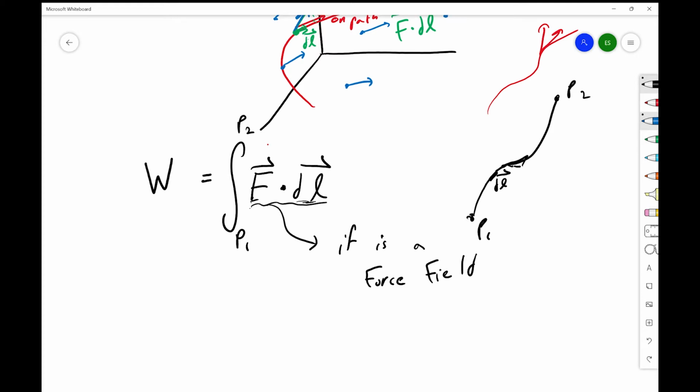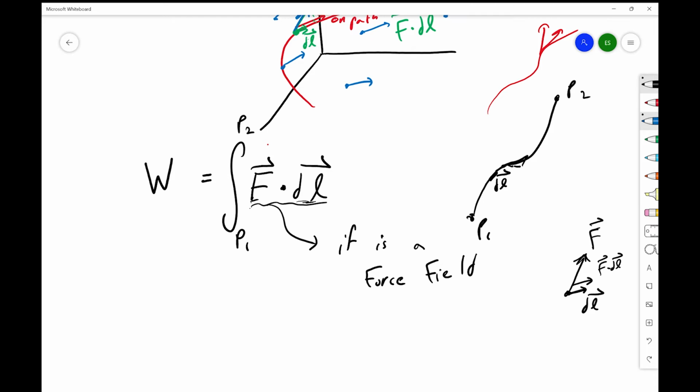Whenever you have force and then you have a displacement in a certain direction, dl, infinitesimal displacement, the way to calculate the work is to find the component of the force in that direction, right? F dot dl. So this is the component of the force in the direction of the displacement.